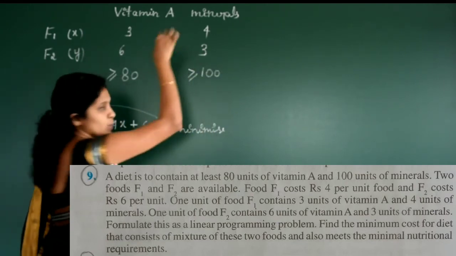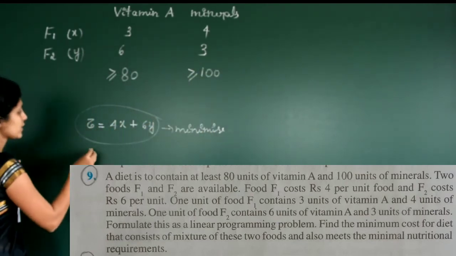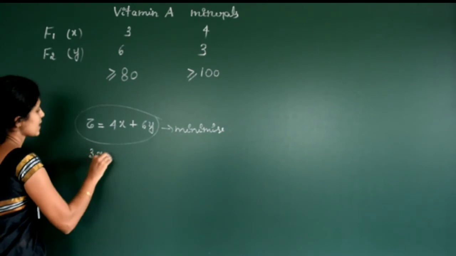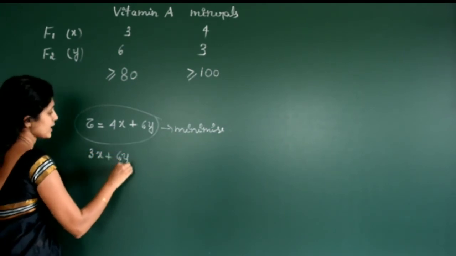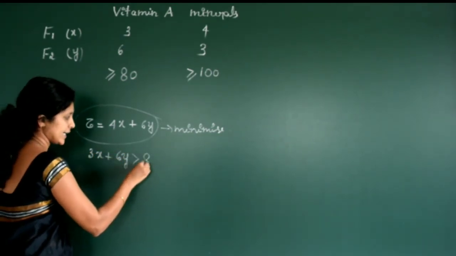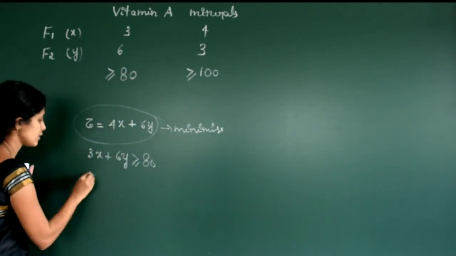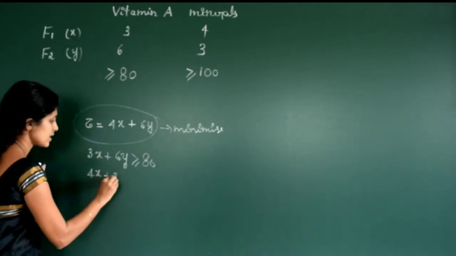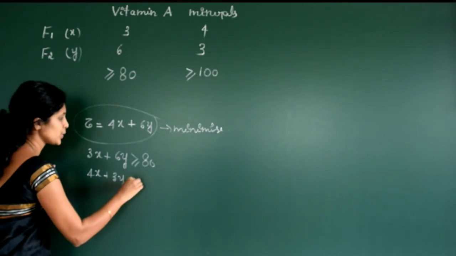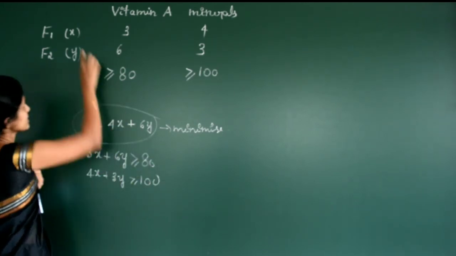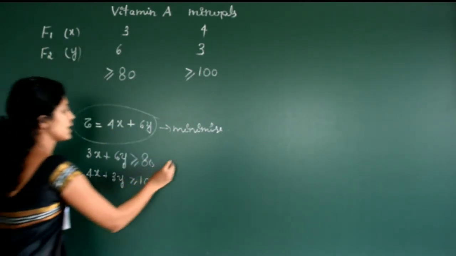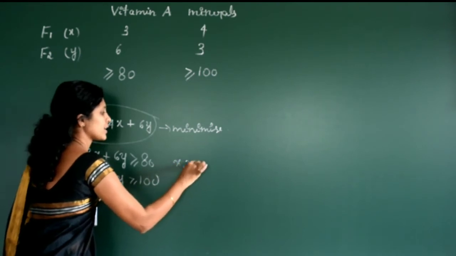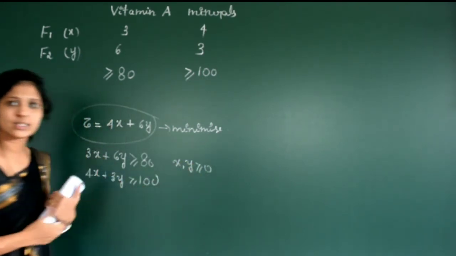By using this, you can form the equations, right? So the equation will be 3x plus 6y is greater than or equal to 80. The second equation will be 4x plus 3y is greater than or equal to 100. And since x and y are foods, the values of x and y should be greater than or equal to 0.